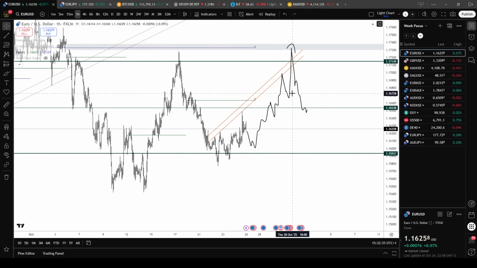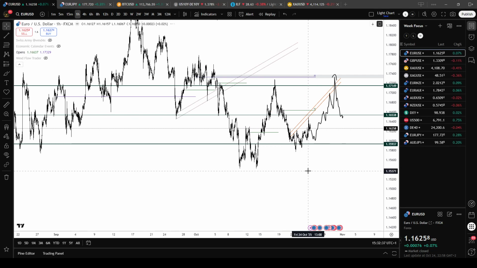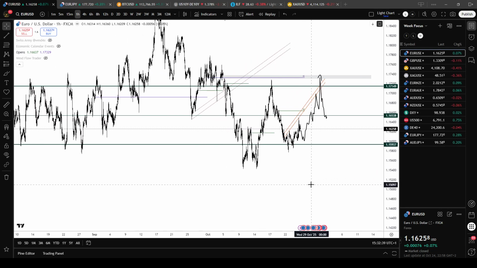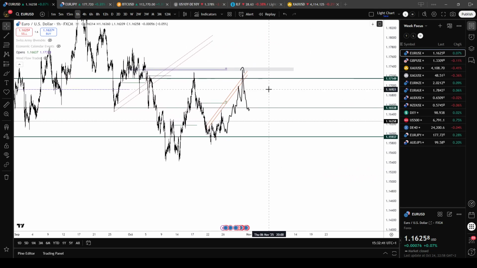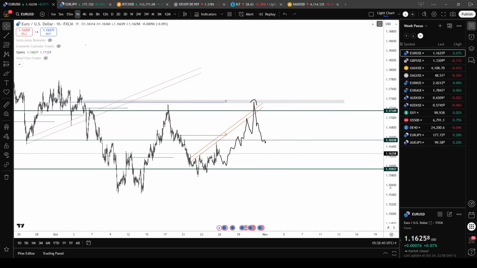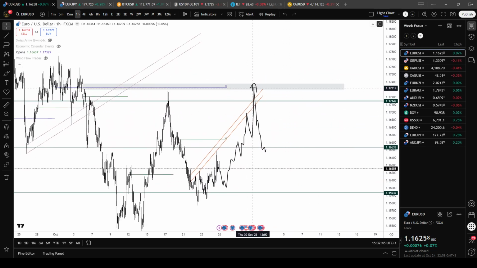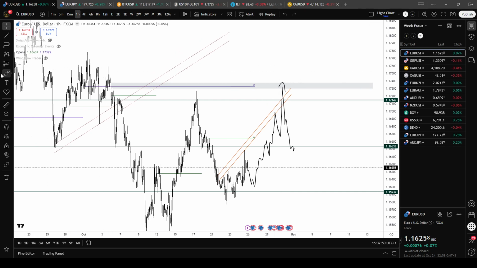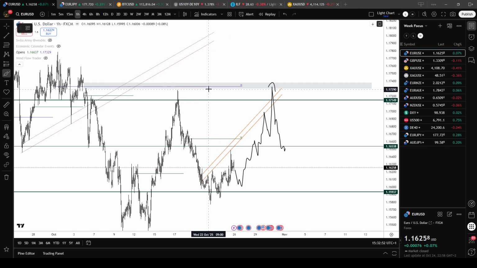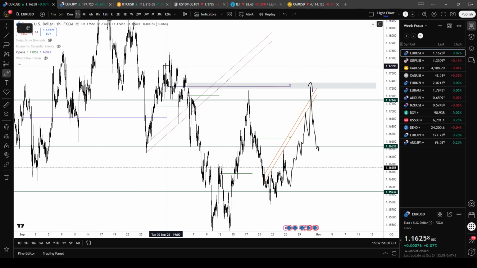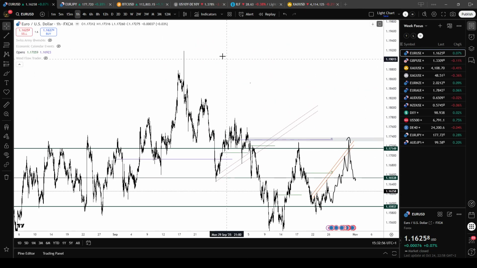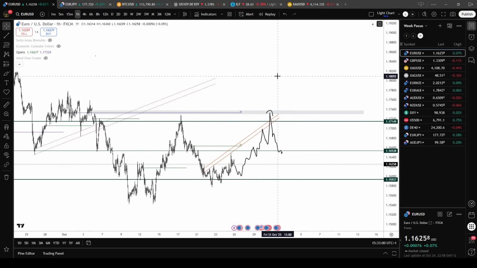I would anticipate a much larger rotation lower, and I just think that a move to the upside like this one would catch many people offside. Just like it did around here. Okay, so that's my main scenario.